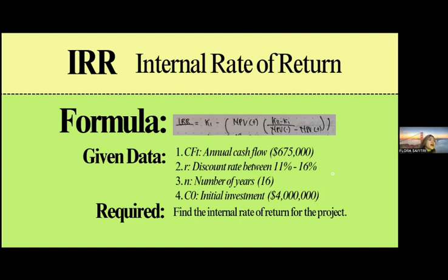The given data: annual cash flow is $675,000, the discount rate is between 11% until 16%, the number of years is 16 years, and the initial investment is $4 million. The requirement is to find the internal rate of return for the project.